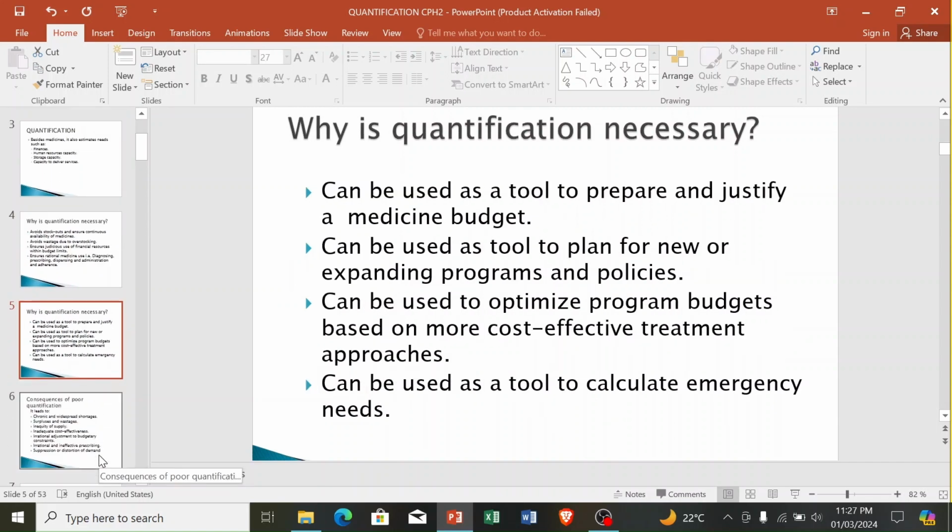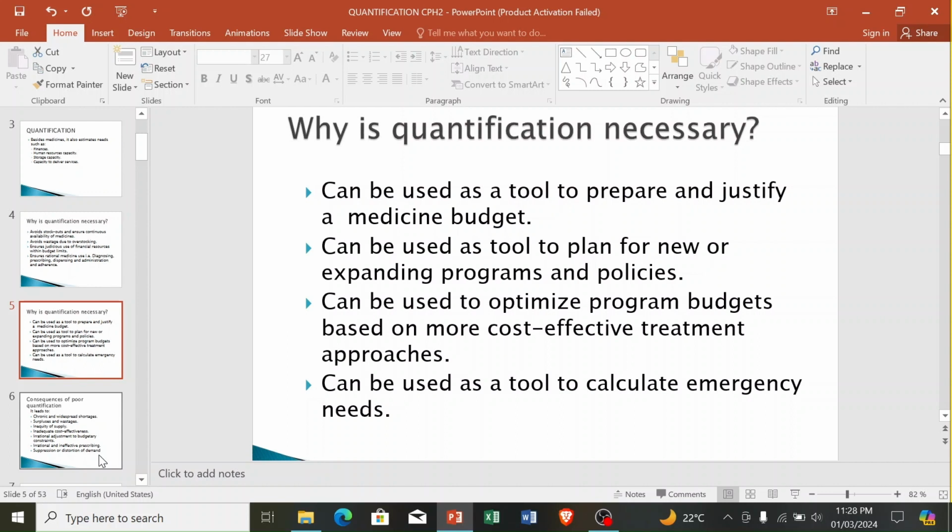And then we continue and say quantification can be used as a tool to prepare and justify the medicine budget. You use it to justify the medicine budget in case auditors come around and question your budget. So you have a backup, something to present, that yes, the budget looks big, but this is what we need.